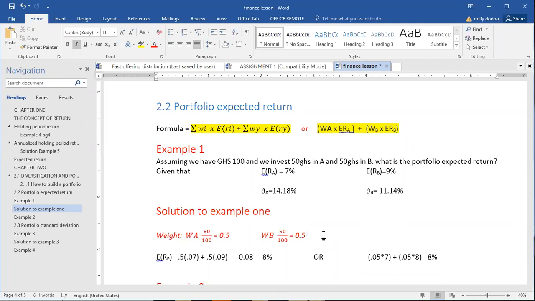But there are exceptions. If you have been given 2 investments and the weight has not been given, you can still solve the question.